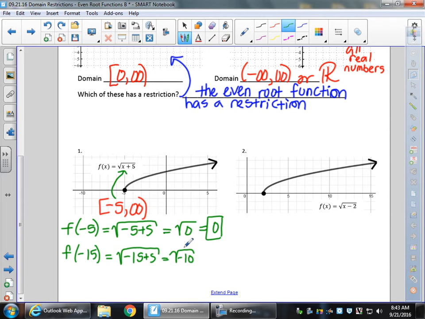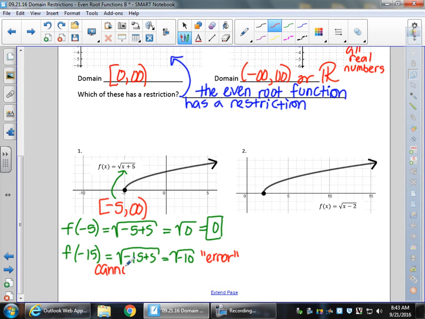True. The fact that she said that -10 is multiplied to get two different numbers, meaning it's not a perfect square. That's true. That's not the reason why I can't take the square root of this. Think back to last year. What can you not take the square root of? Negative numbers.